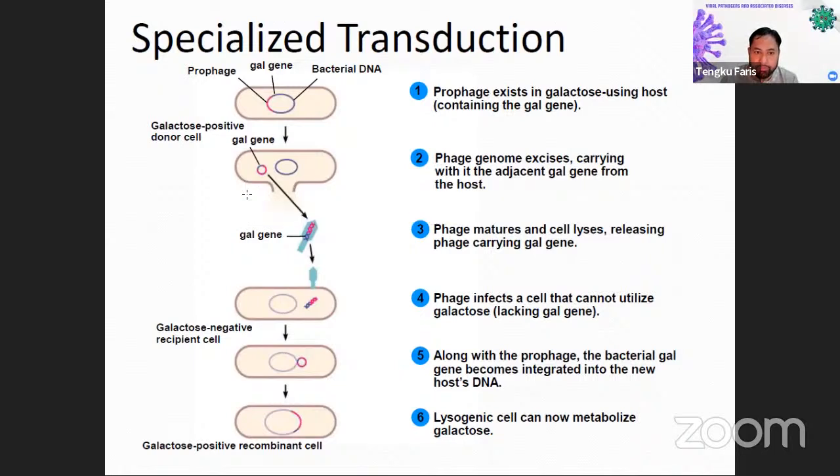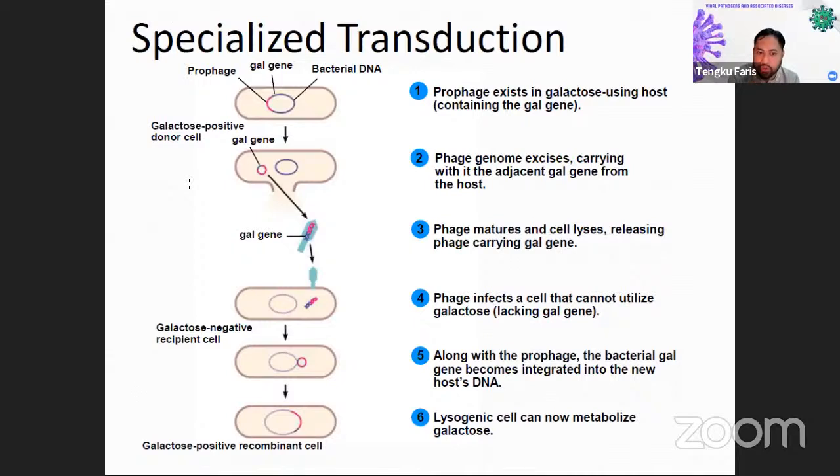Can you see here the phage genome in pink? Okay, they've been cut out, leaving the bacterial DNA alone. But the GAL gene is being carried with the viral DNA. Okay, the GAL gene, the galactose gene.